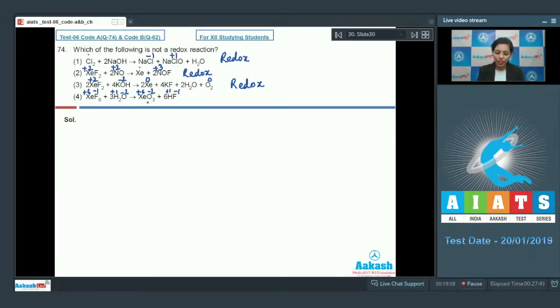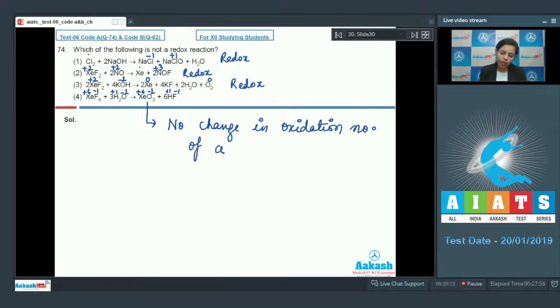It means for this reaction there is no change in the oxidation number of any of the elements. And that's why this is not a redox reaction. And yes, that's why option 4 is the correct one.